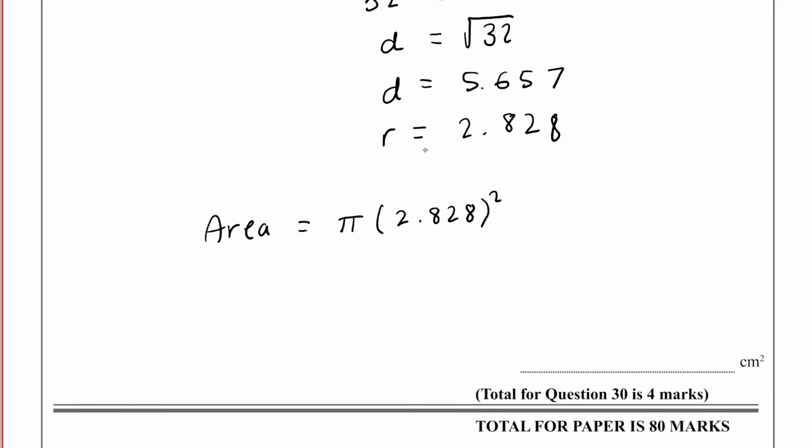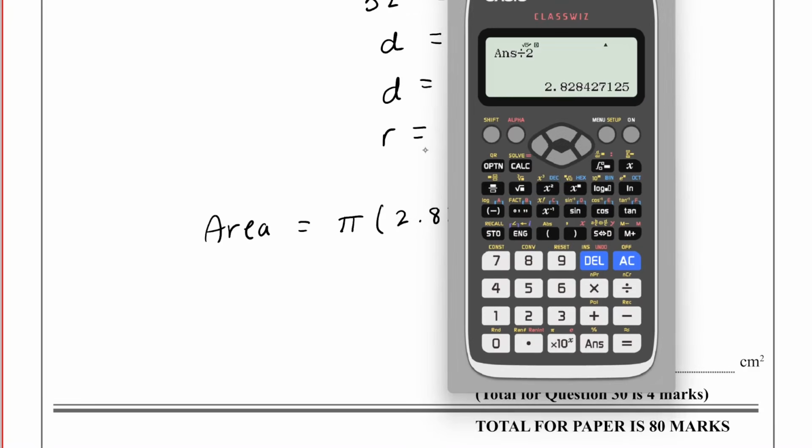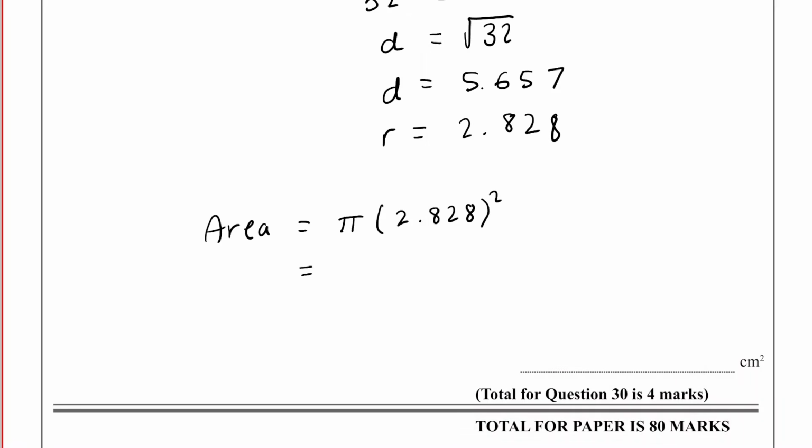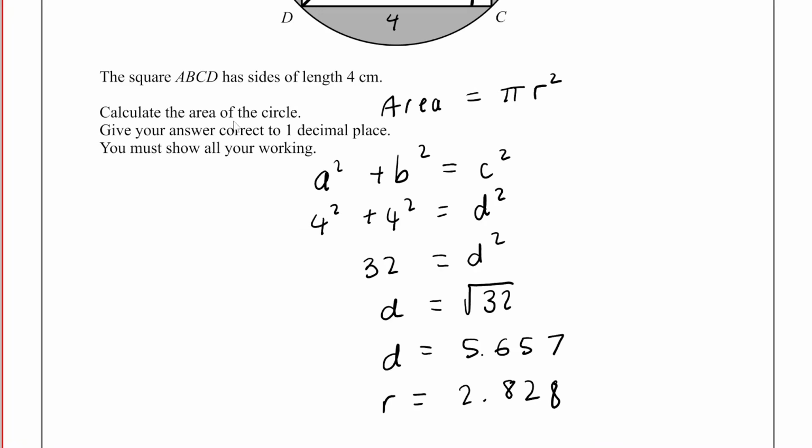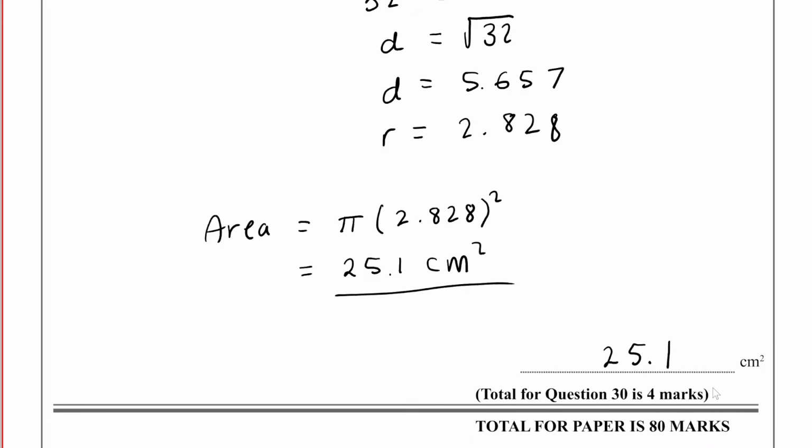Again, I'm using the whole number that's in the calculator. So I'm using pi times the answer squared, which is 25.1. So the area is 25.1 centimeters squared. And it was to one decimal place, so yeah, 25.1.